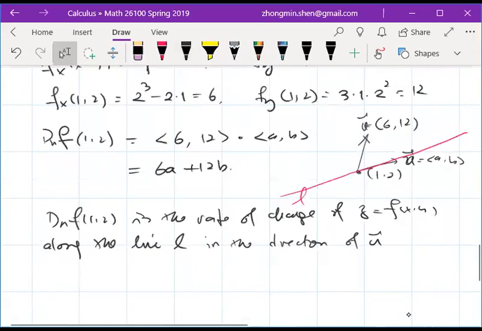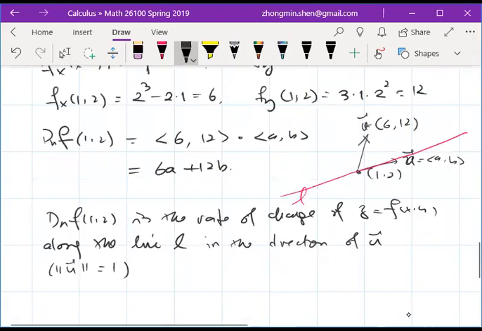So we have to put a restriction on the length of u. Then the geometric meaning is clear. When we talk about the rate of change of the quantity in some direction, we don't want multiple values, only one value. So we have to assume it's a unit vector.